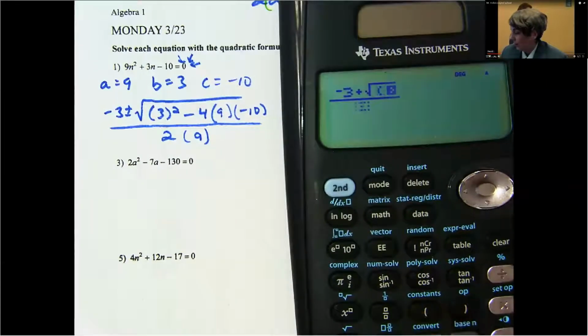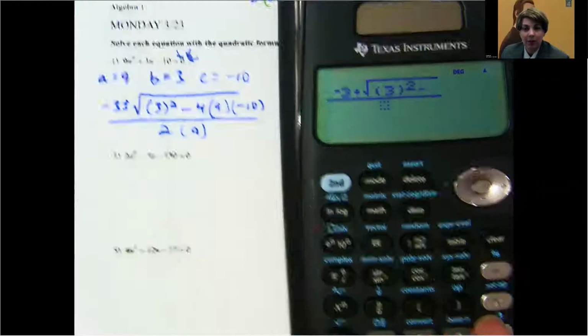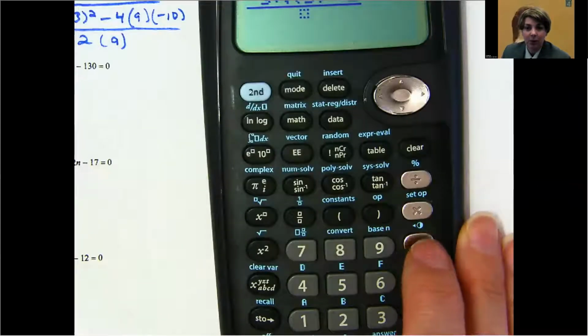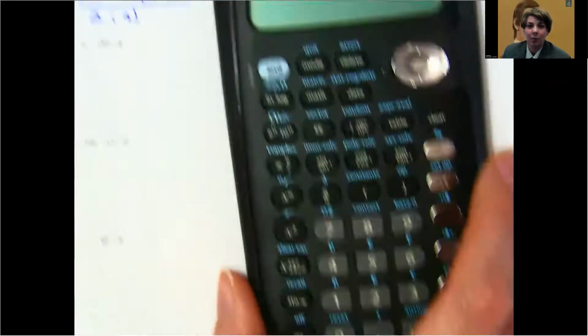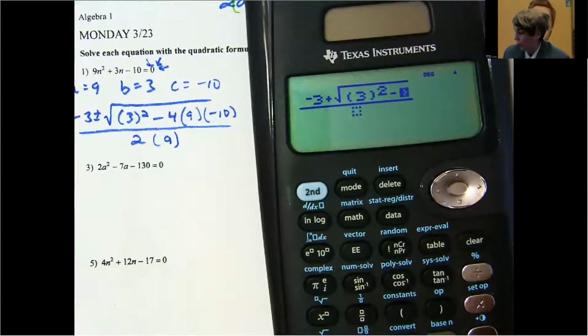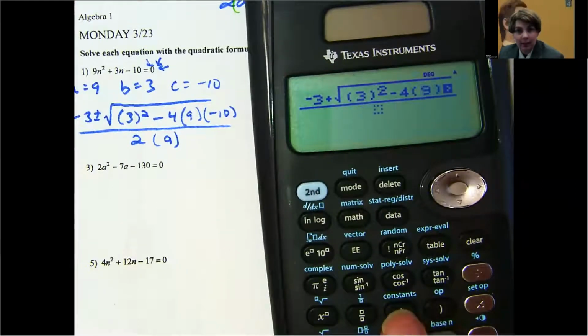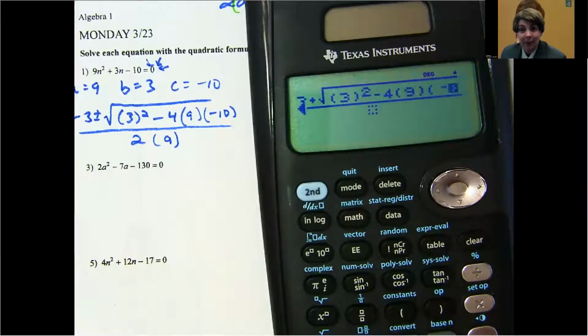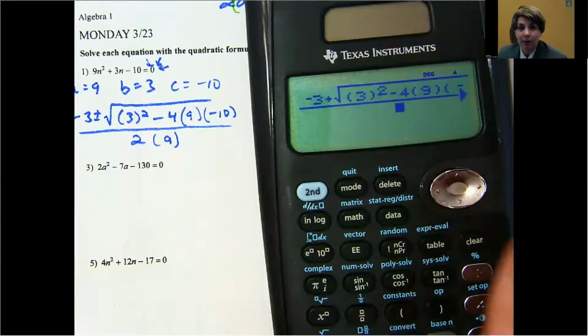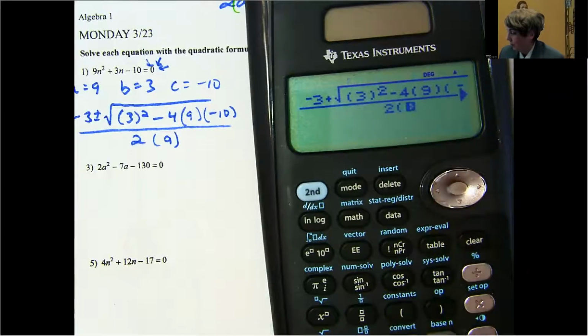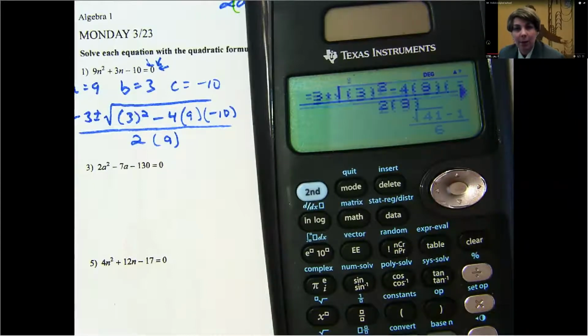Then we've got parentheses 3 squared minus. Make sure you're using this button for subtraction. Don't hit the negative button here. This is subtract, right? So we are subtracting 4 times 9 times negative, now I'm hitting the negative button, negative 10, all over 2 times 9. All right, hit enter and boom.